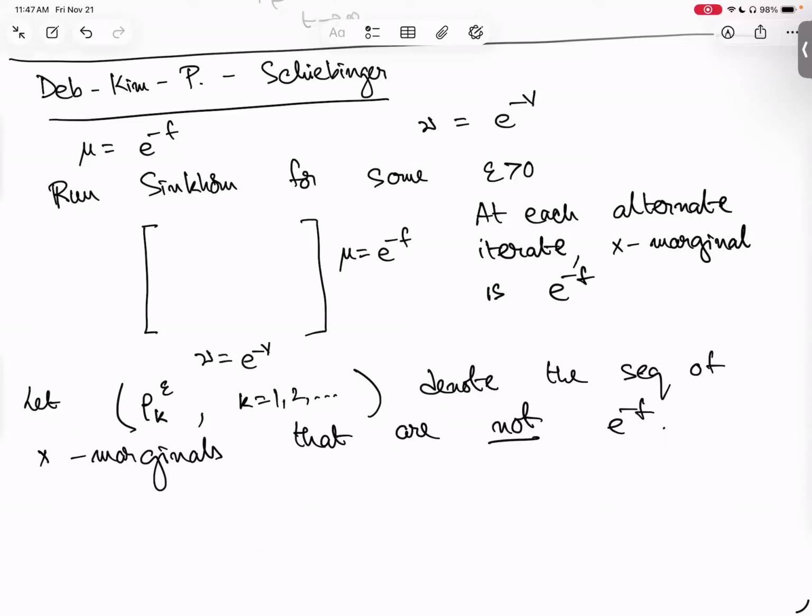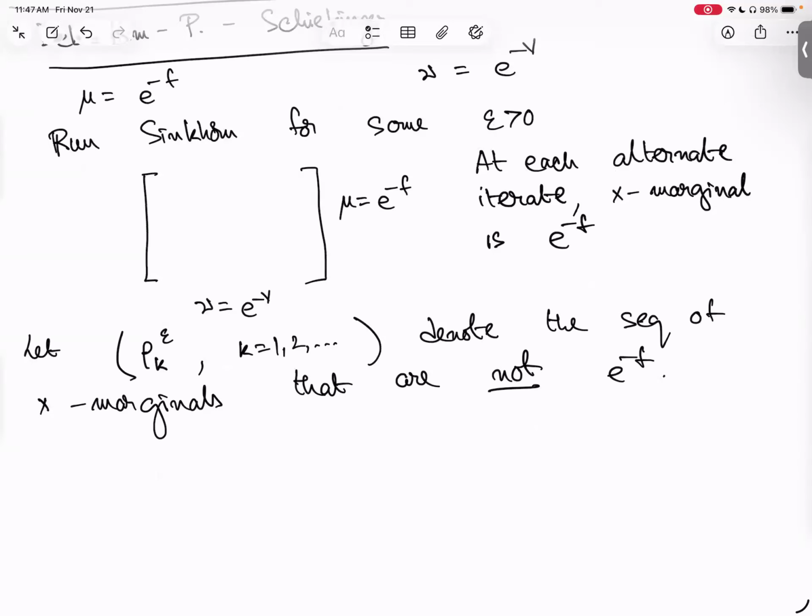So these are the times when the y marginal is e to the power minus v, but the x marginal is not e to the power minus f. Now, I'm assuming that the Sinkhorn converges here, which we are sure it will. I know that this limit, as k goes to infinity of rho k epsilon, is going to be e to the power minus f. But none of these rho k epsilon themselves are going to be e to the power minus f.